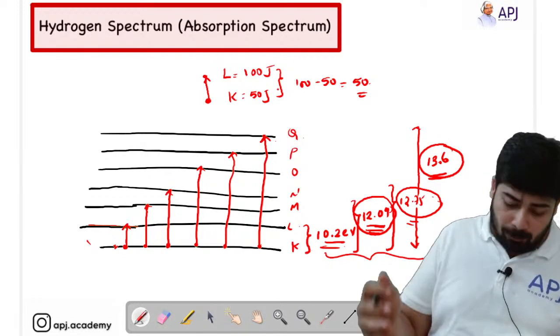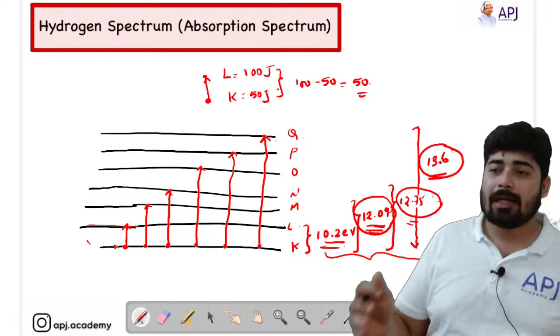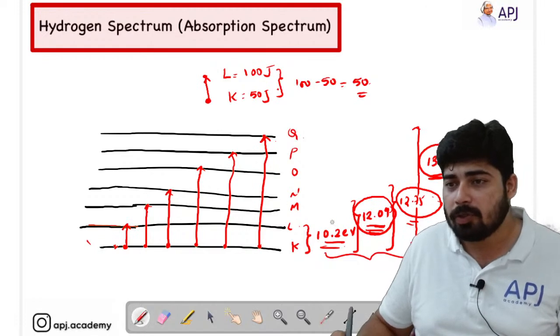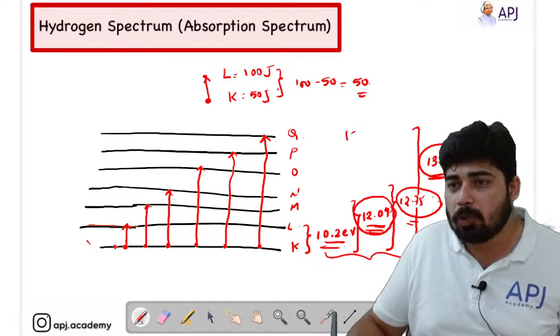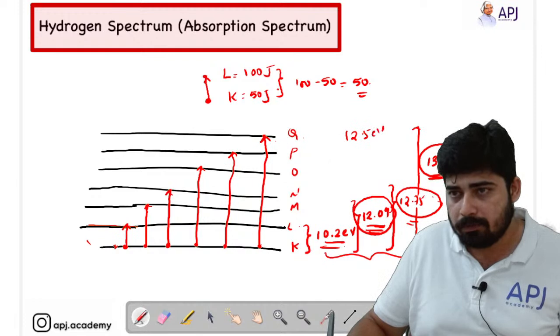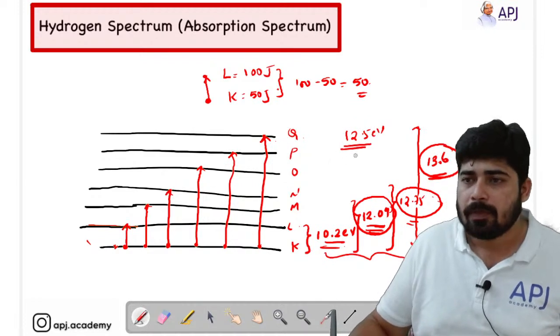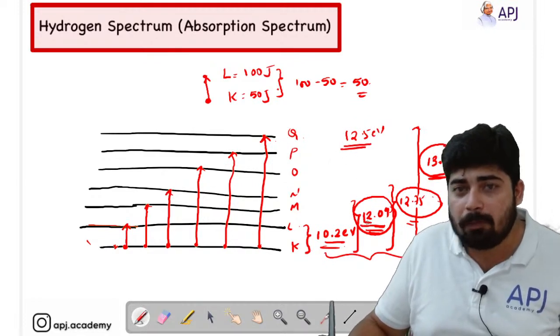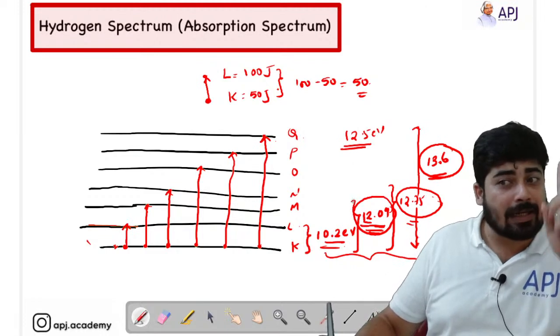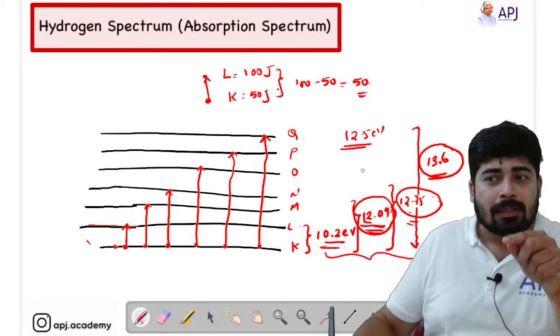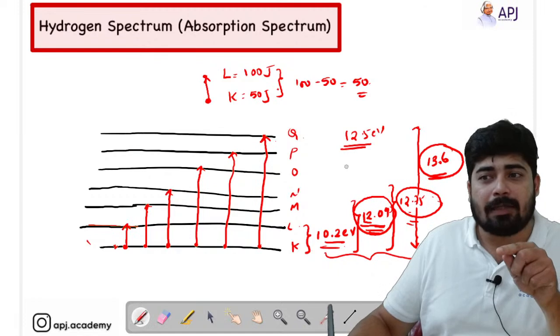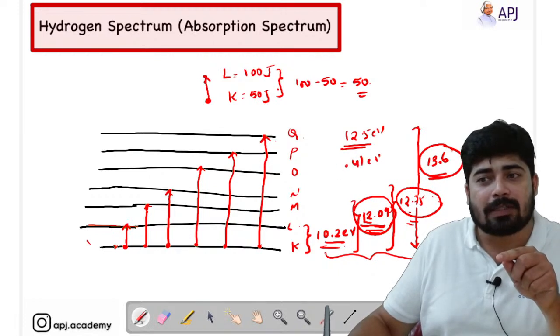And I can also give you this point, that if it is absorbing 12.5 electron volt, say, this is a very good question, it will absorb 12.09 energy. It can only absorb the exact value. The other part of the energy, that means 0.41 electron volt, is remaining.